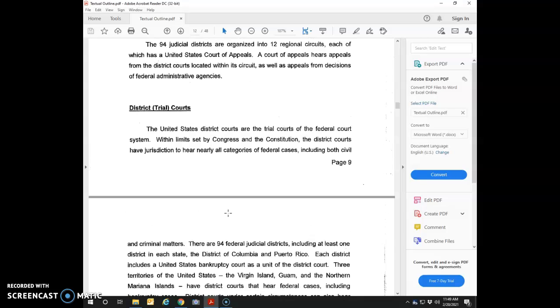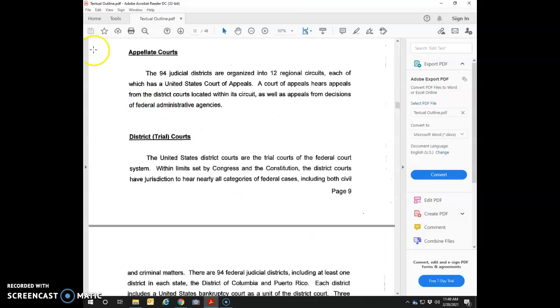Then when we move up the ladder, we have the U.S. Court of Appeals, the courts where we take appeals from the district courts. We had 94 judicial districts, but they're organized into 12 regional circuits, each of which has a U.S. Court of Appeals.